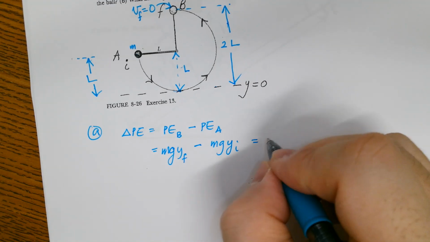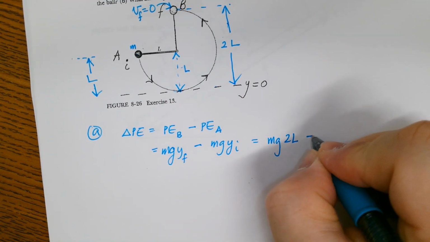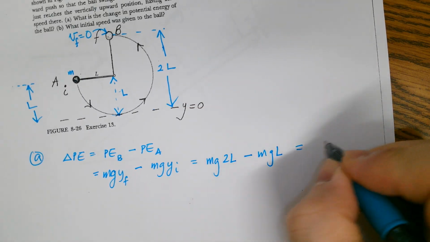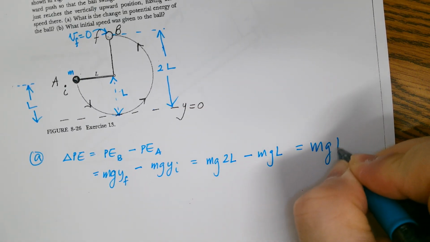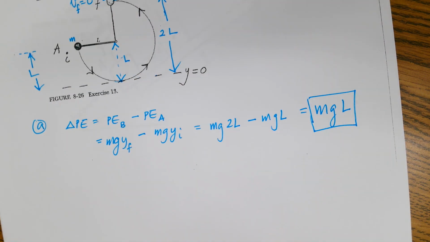Therefore, mg2l minus mgl, that is then mgl as my change in potential energy.